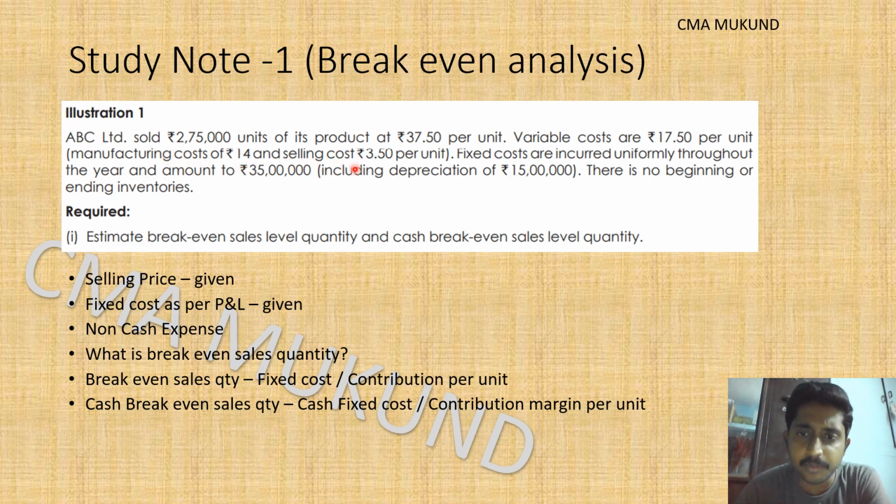So all the variable cost from the beginning of making the product until the point of sale. The complete variable cost is 14 plus 3.5, totaling 17.5 rupees. From this it is very clear what the contribution will be.